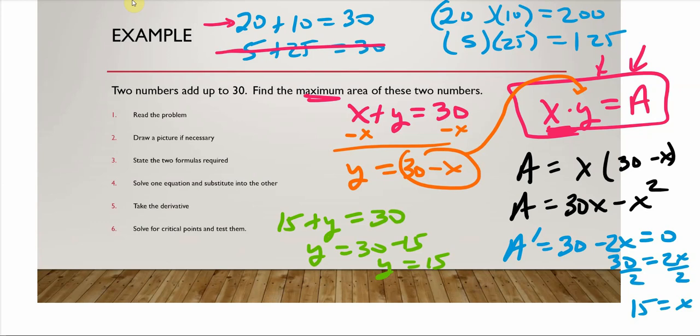So that means my two numbers are x equals 15 and y equals 15. So what's 15 plus 15? That's 30. So what's 15 times 15? Well, 15 times 15 will be 225, I believe. Okay?